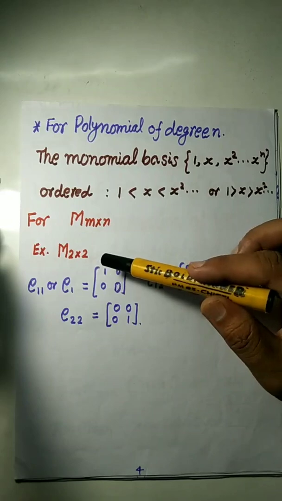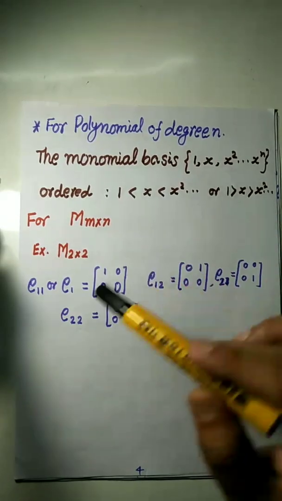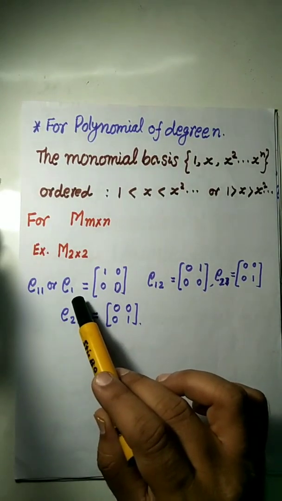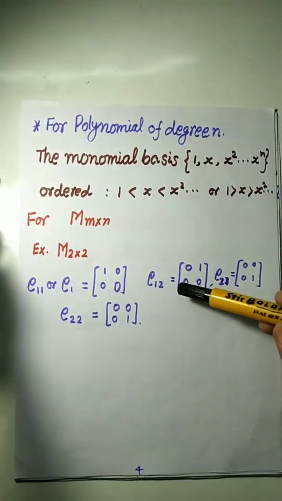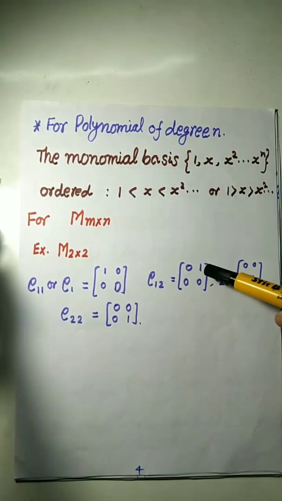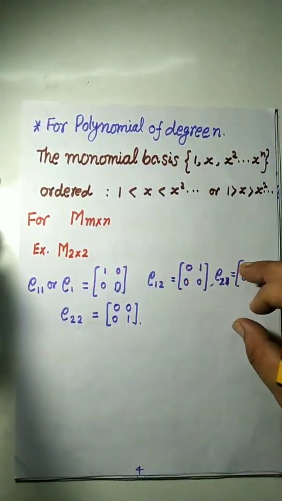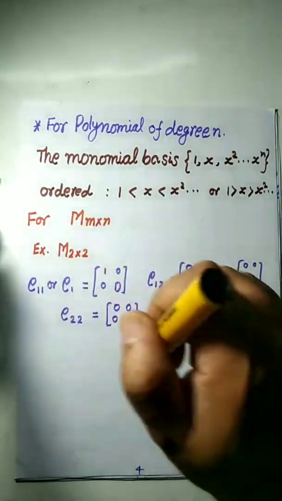Standard basis for matrices of order 2 by 2 is E11, generally denoted by E11. This is (1 0; 0 0), and E12 is (0 1; 0 0). Similarly, E21 and E22. These are standard basis for matrices of order 2 by 2.